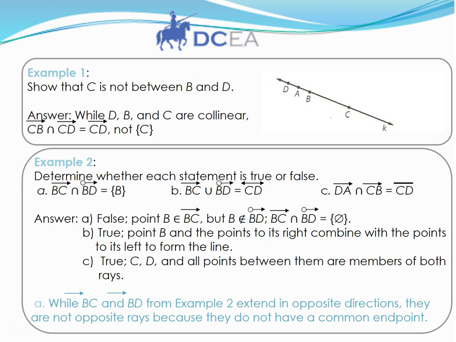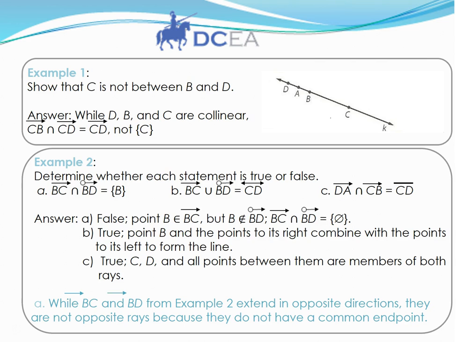This time, we are looking at an actual ray as the answer. Why would the answer be ray CD? Because if you remember, the points on ray CB and the points on ray CD are the same set of points. So I just named the longest set of points that's denoted.